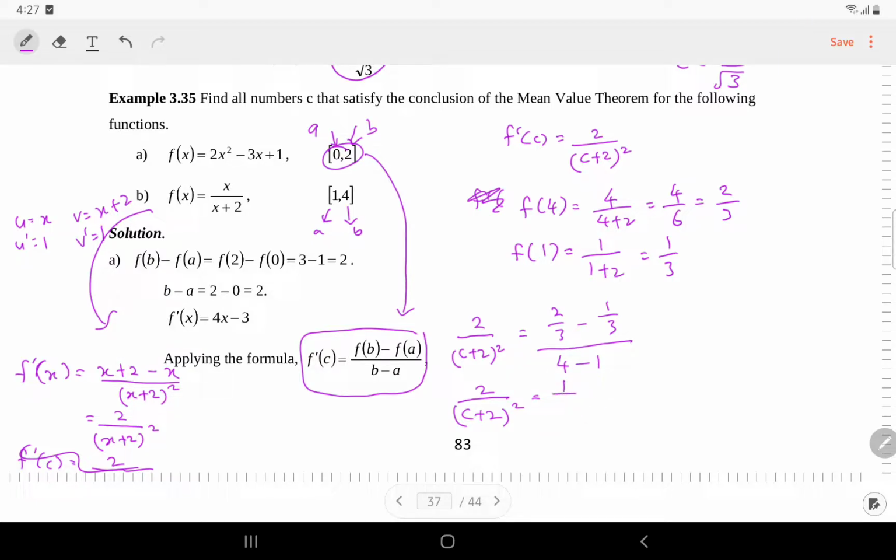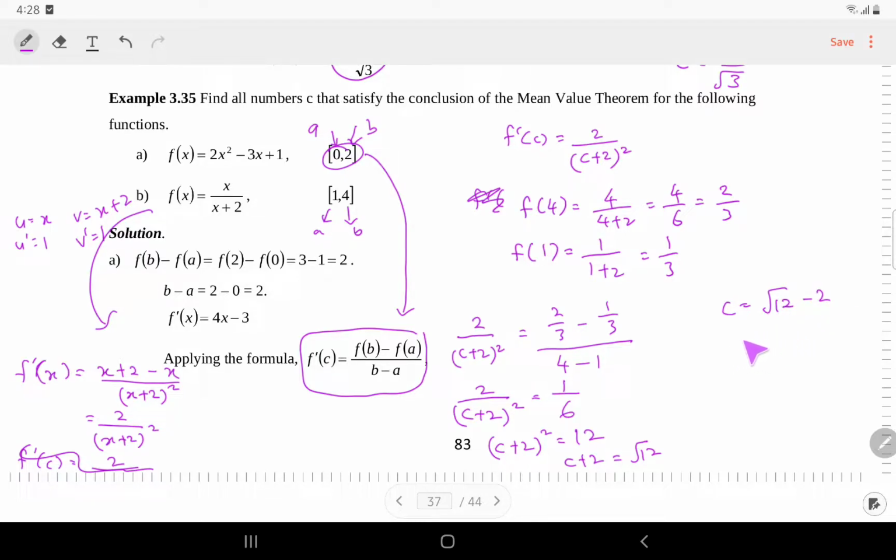So it is equal 1 over 6. Kita darab silang kat sini. c plus 2 square equals 12. So c plus 2 equals square root 12. c equals square root 12 minus 2.